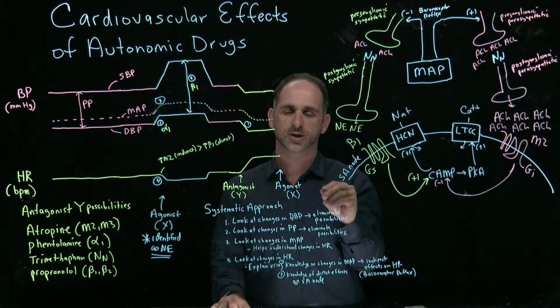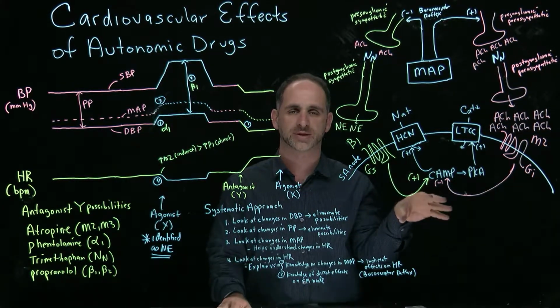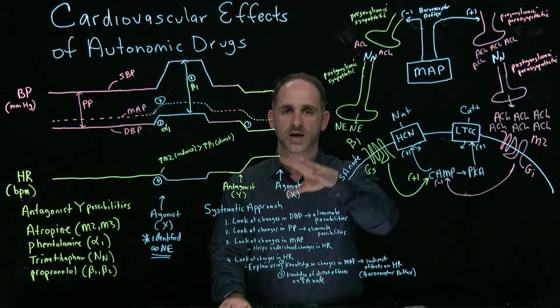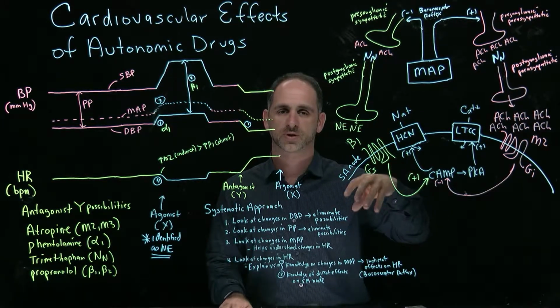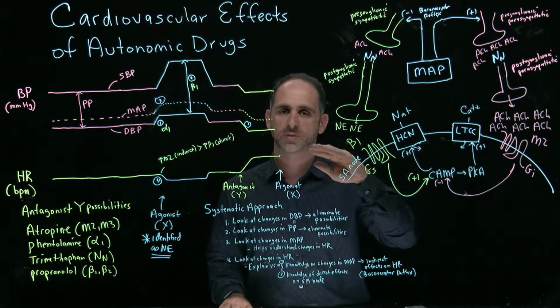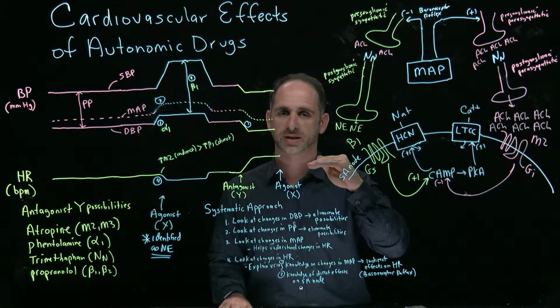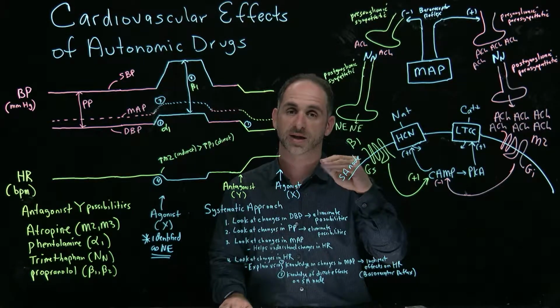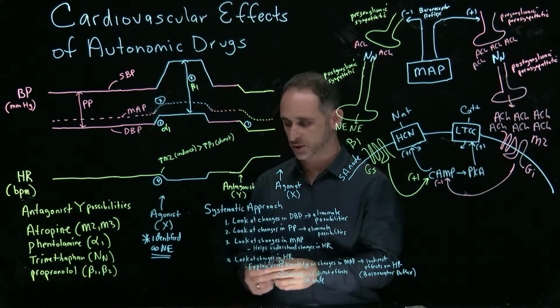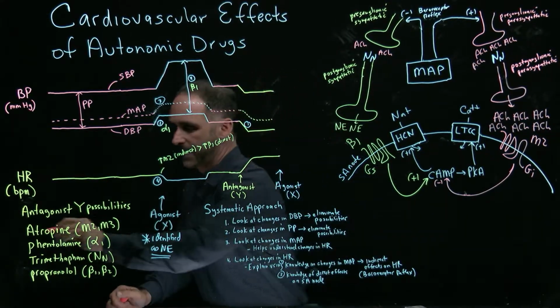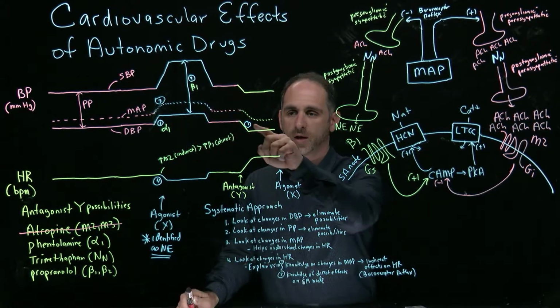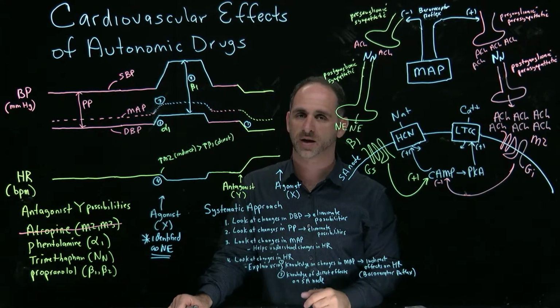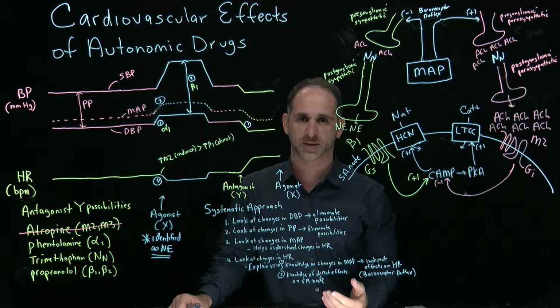So even though atropine would be blocking those non-innervated M3 receptors, since there's no acetylcholine there for the receptor to antagonize, there actually wouldn't be an expected change in the diastolic blood pressure. So we can eliminate atropine from this consideration solely because the diastolic is falling, and we would not expect that from atropine.